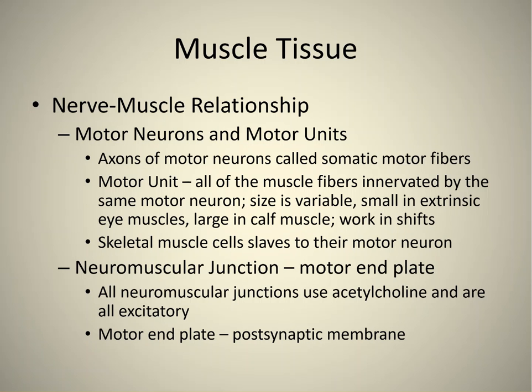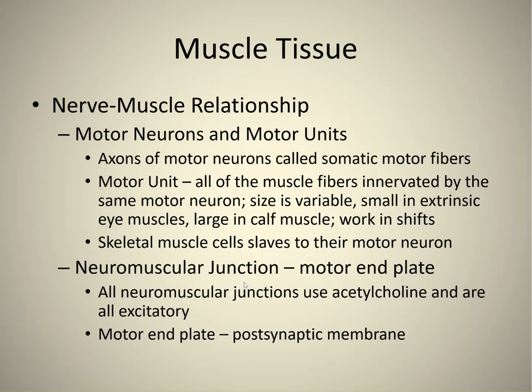And remember, skeletal muscle cells are slaves to the motor neuron. They don't do anything unless they're told to. They're stimulated by their motor neuron. Then we'll look at the neuromuscular junction in the next video, also called the motor end plate.